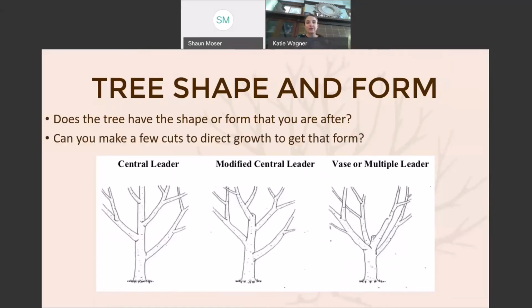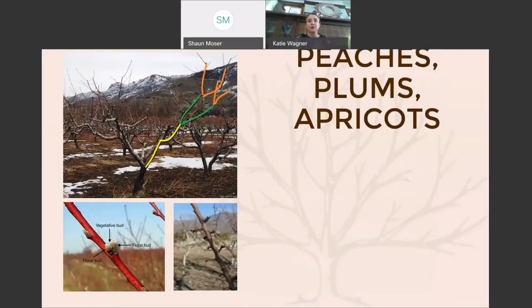What are you after? Can you make a few cuts to direct growth to get that form? Okay, so again, this is maybe a little bit of a better visual here. Here we're looking at peaches, plums, and apricots. We're going for this open vase form on these trees. We can see that we have this about 36 inches off the ground here. We have selected our 3 to 4 main scaffolds here, okay?